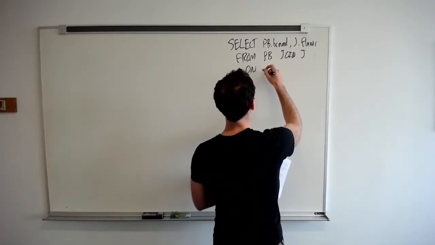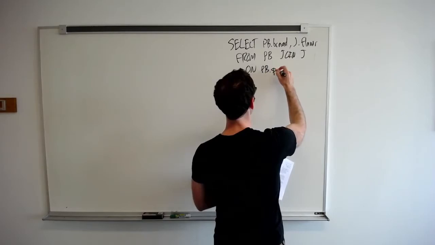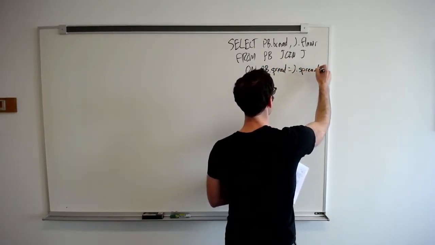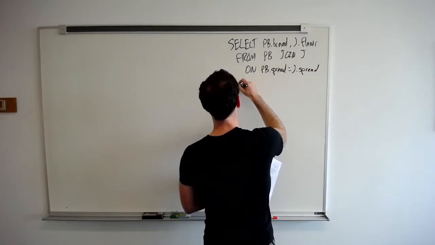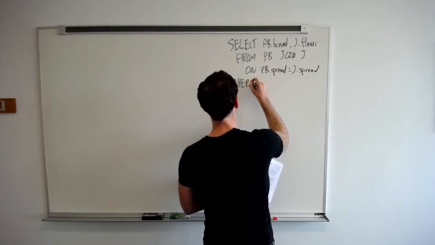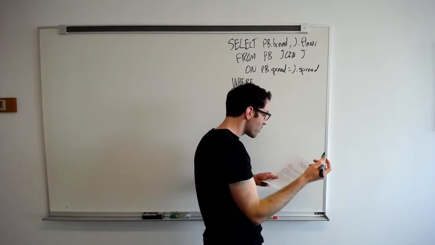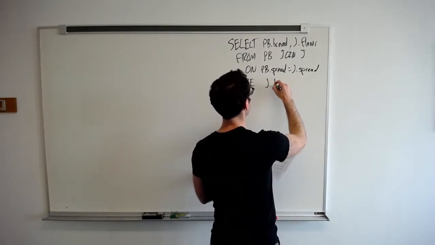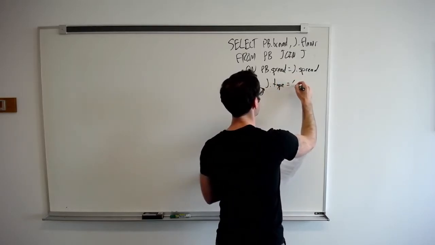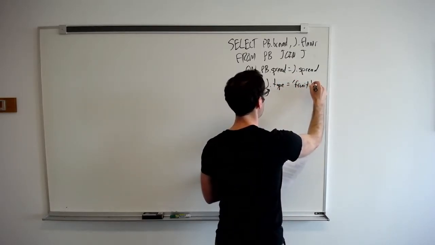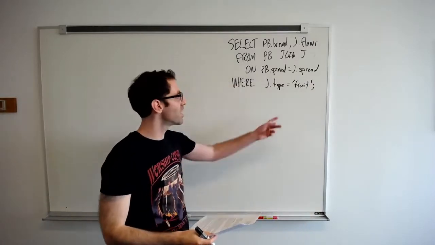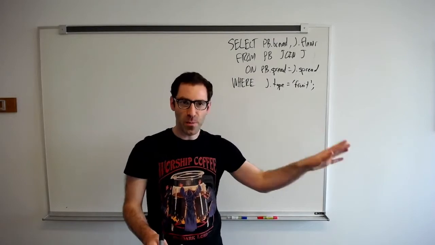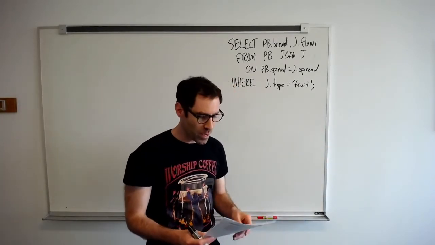So we'll join them with PB.spread equals J.spread, and I definitely want a peanut butter and jelly sandwich where the jelly type is fruit, no Marmite, Vegemite, none of that stuff for me.